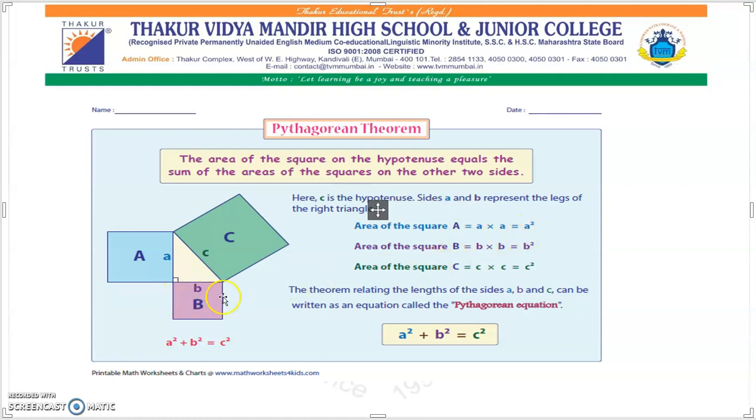Area of square B, base is what? B into B, B square. Area of square C will be equal to C into C, C square. The theorem relating the length of the sides A, B, C can be written as an equation called the Pythagoras equation or Pythagorean equation. Therefore, A square plus B square equal to C square.